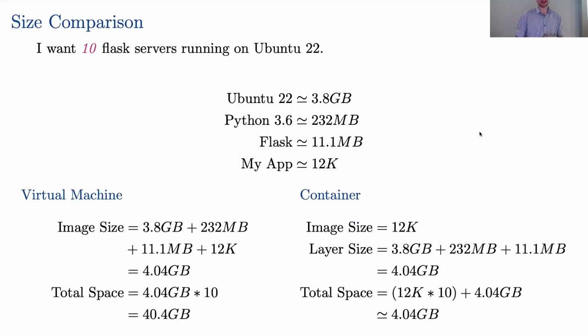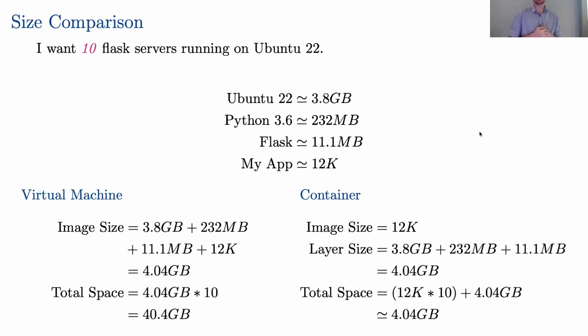So for a quick size comparison, let's say that I'm trying to do vertical scaling. So I want a lot of different Flask servers, as we've seen in the practicals, running side by side so that they can process a whole bunch of incoming requests.